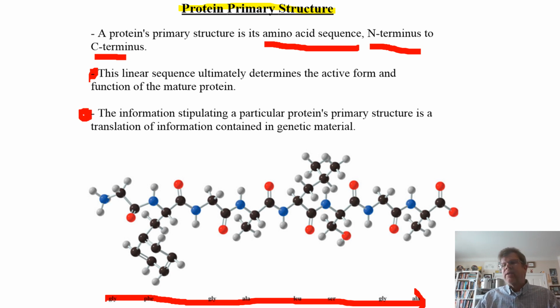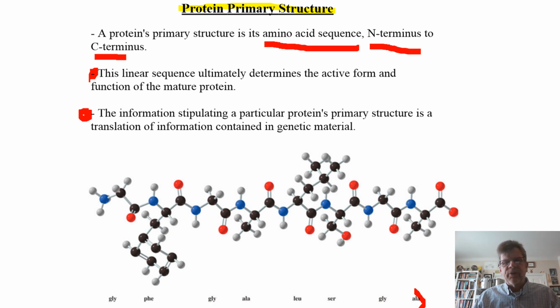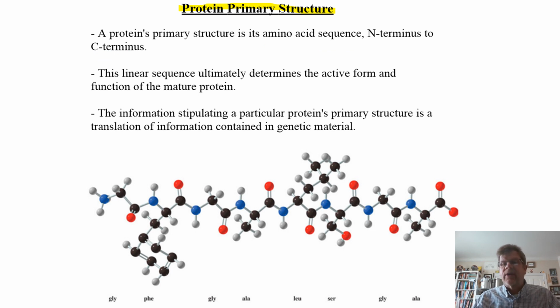We're going to be looking down the road in a couple of units of study at genetics and how the information contained in our DNA actually determines the primary structure of proteins. It is only the primary structure of proteins that DNA codes for. All other levels of protein structure are not determined by the information contained within our genetic material.